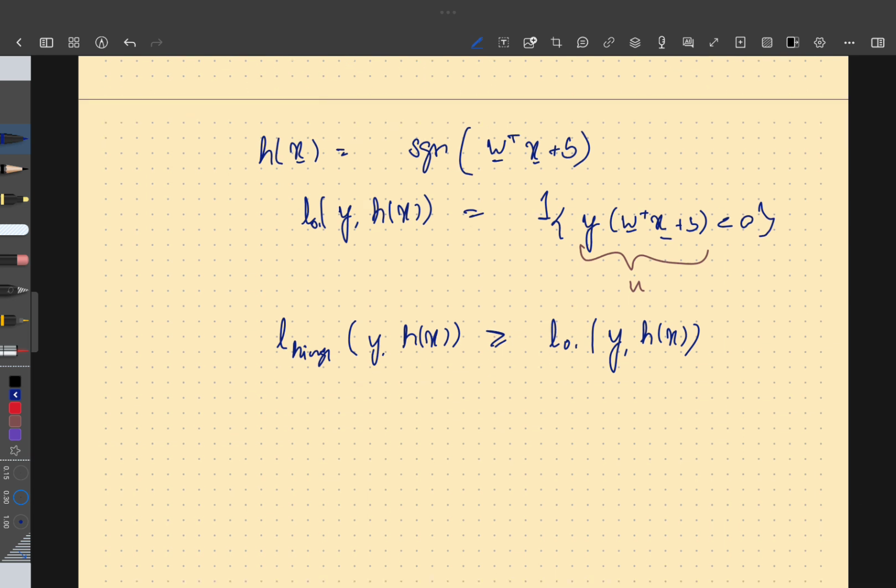This means that if I am able to derive a generalization bound for the hinge loss, then I can also derive a generalization bound for the 0-1 loss, because the 0-1 loss can only be less than the hinge loss.